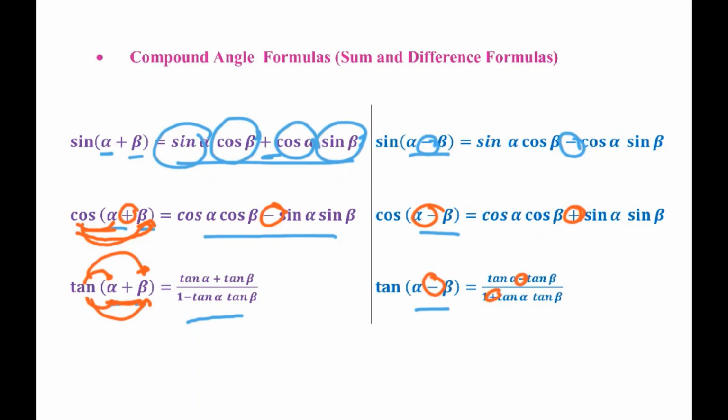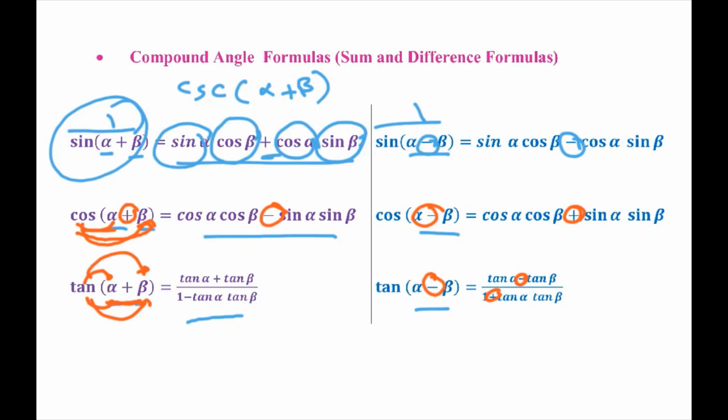Now, what about the reciprocal functions like cosecant, secant, and cotangent? Well, when it comes to the cosecant, which is 1 over sine, cosecant of alpha plus beta will be 1 over sine of alpha plus beta. Or if it is minus, then 1 over sine of alpha minus beta.